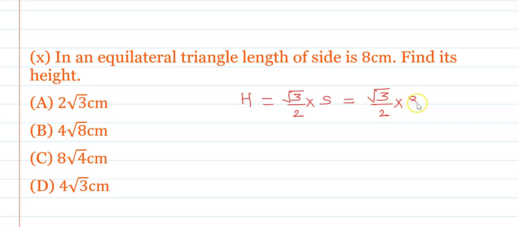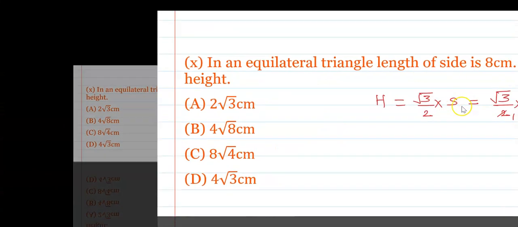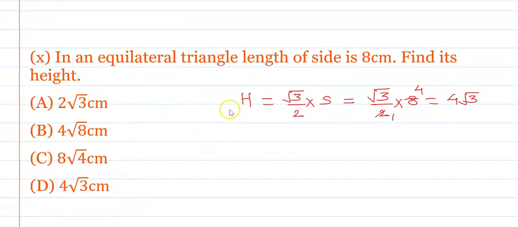What is the side? 8 is the side, and therefore you will get 4 √3. That is, the height of the equilateral triangle is 4 √3. Okay, and therefore option D is the correct one.